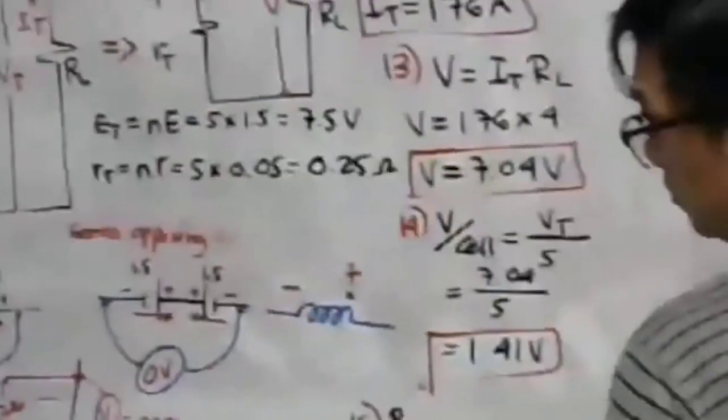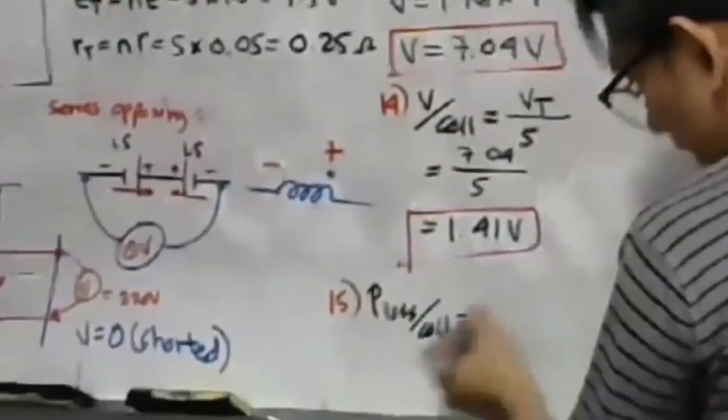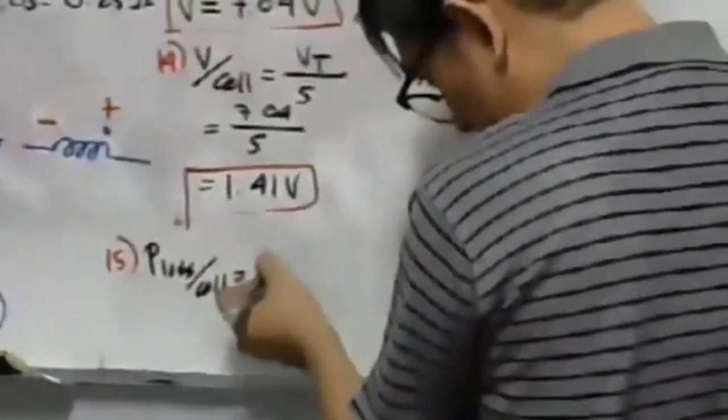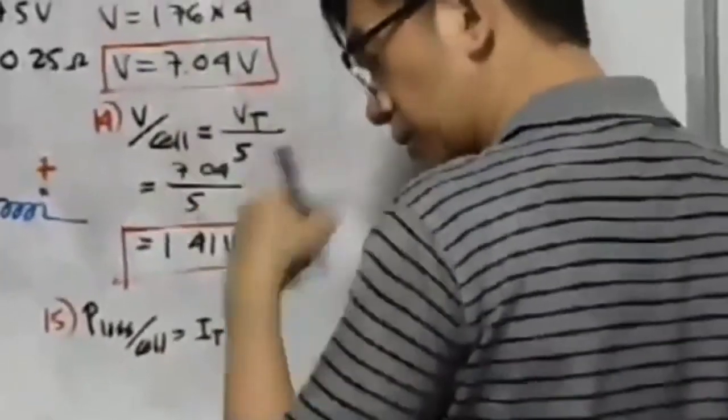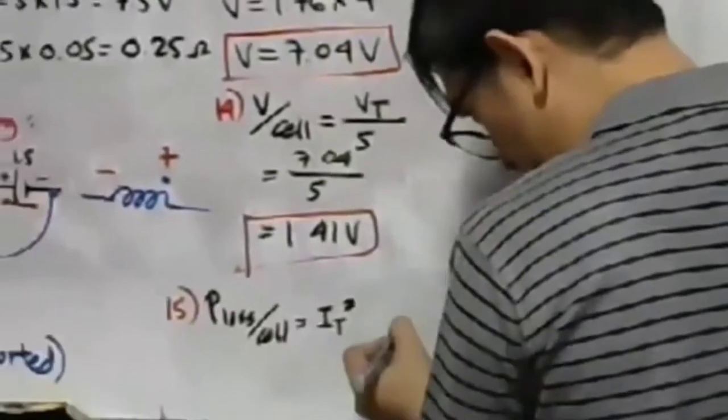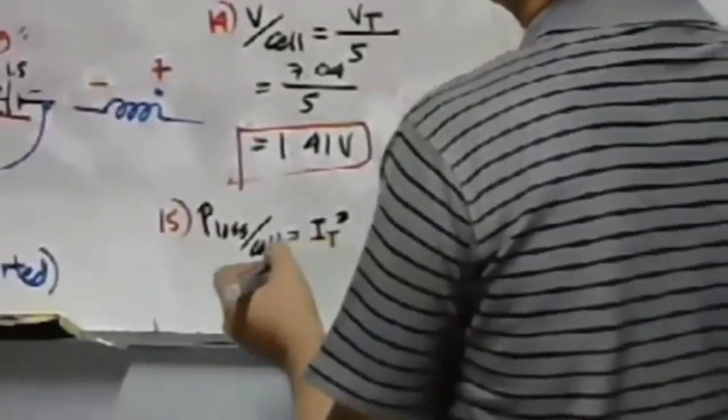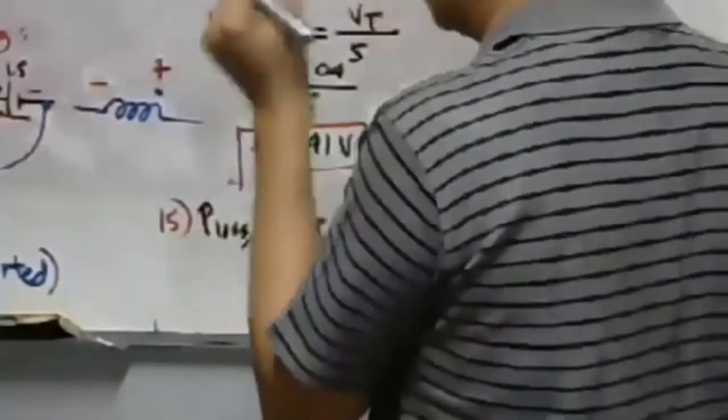For number 15, the power loss per cell is simply equal to what now? Well, let us represent this as I total, because there's only one current flowing, squared. Then I will make use of an individual cell.